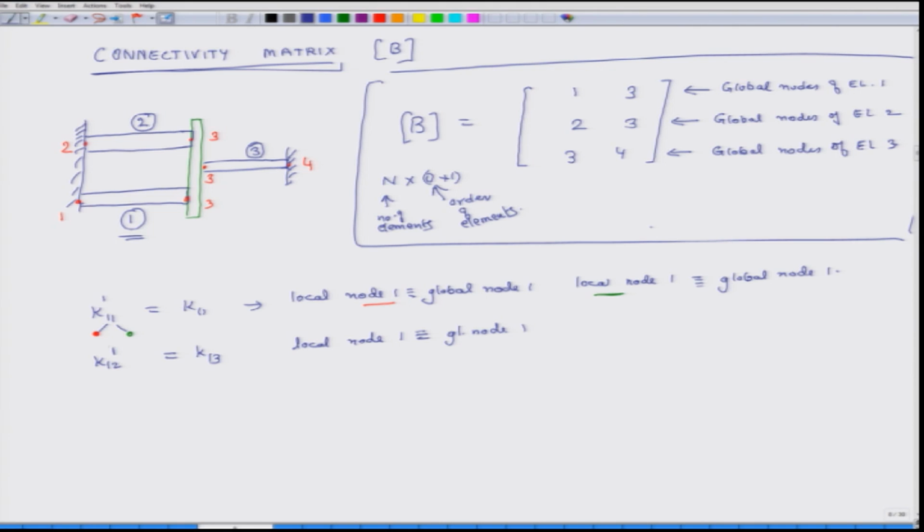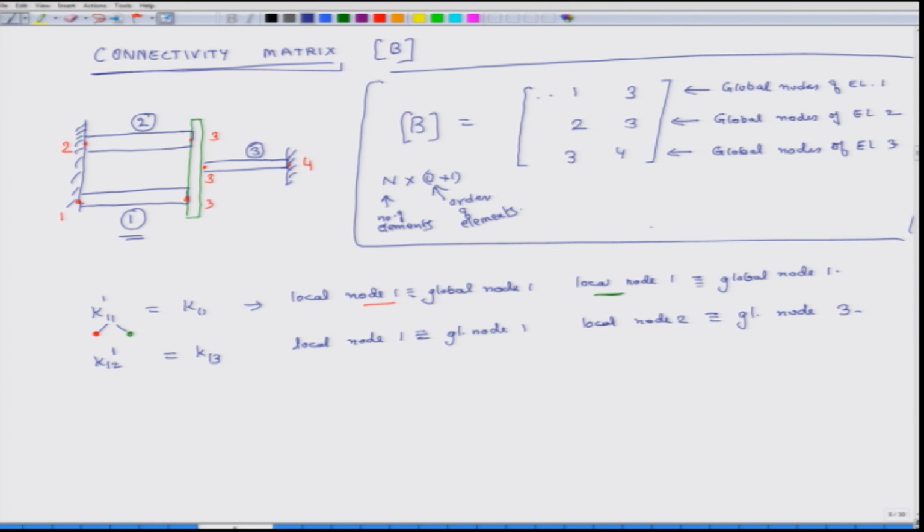Because the superscript is 1, we are only looking at the first row, okay. Then local node 2 corresponds to global node 3, right. The superscript is 1, so I only look at the first row.